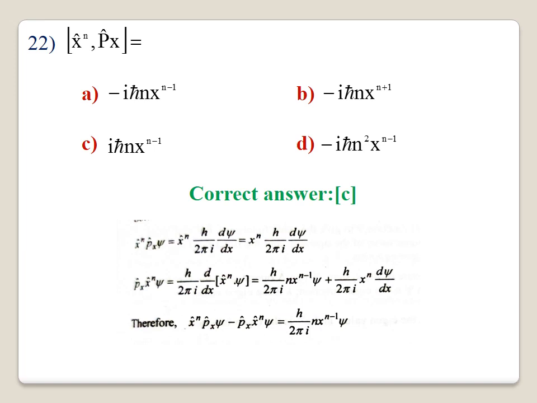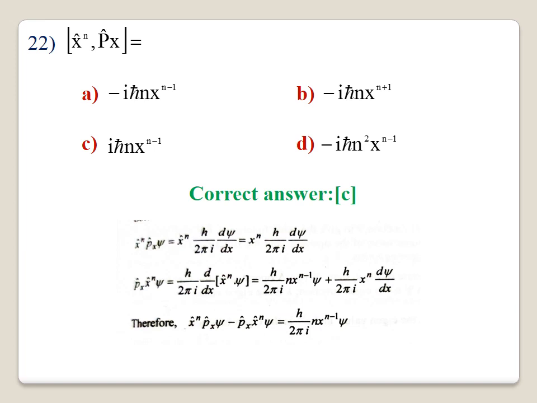You subtract equation 1 from equation 2: xⁿ (h/2πi) ∂/∂x, and here you also have (h/2πi) xⁿ ∂/∂x, the two terms are cancelled.